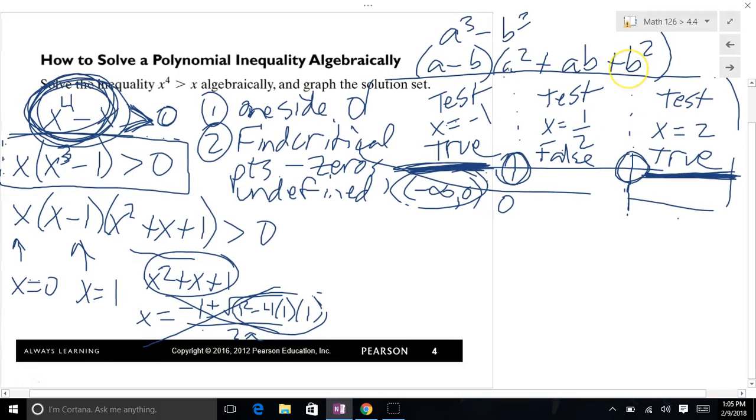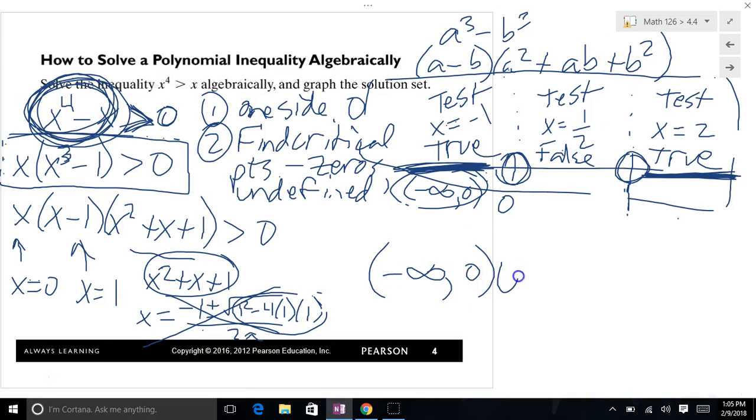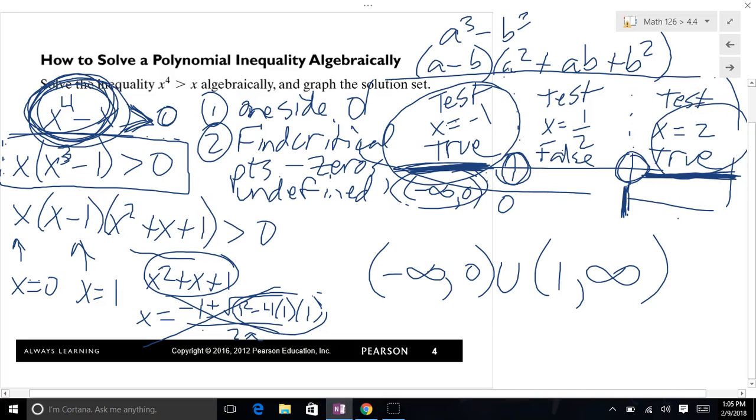Alright, so our solution set is from negative infinity up to 0, and then from 1 on. And that's again because it's true anywhere from negative infinity up to there, and it's true from this critical point 1 and on.